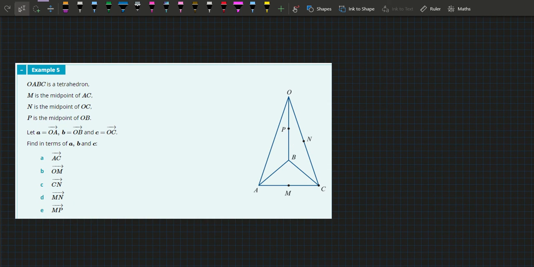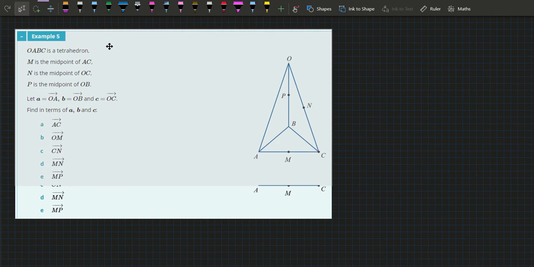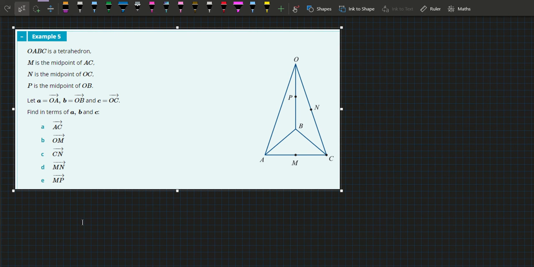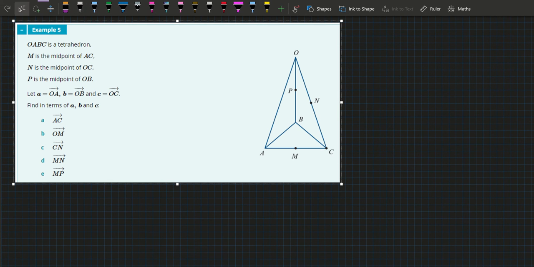All right, example 5. Let's have a go at that one. Now, the thing to remember, of course, by definition, a midpoint is halfway. So I think we've got a few questions where we have to answer what the midpoint is. That's what they're all marked in here for. So we're given A for green, there's O to A. Don't forget direction is important, okay?